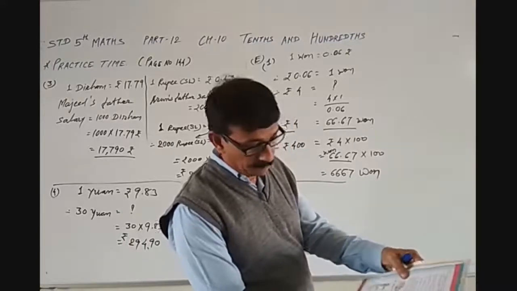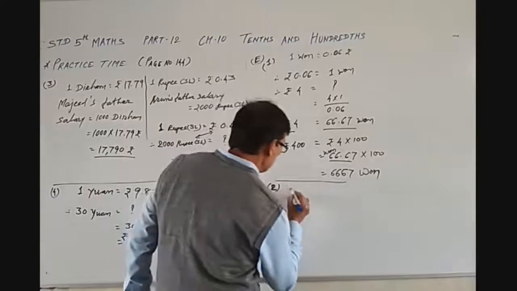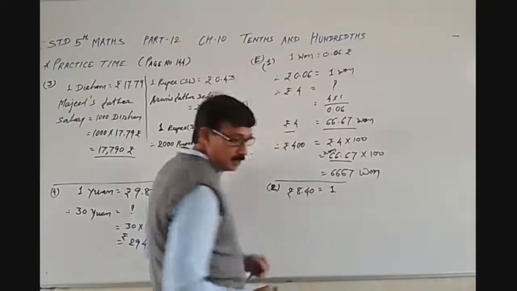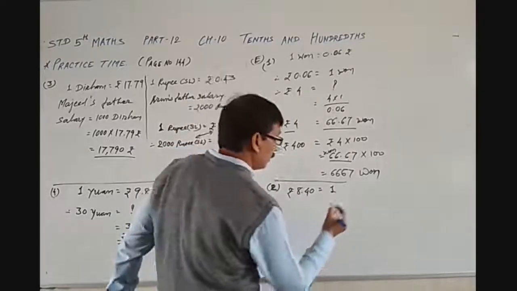We know that rupees 8.40 is equal to 1 Hong Kong dollar.